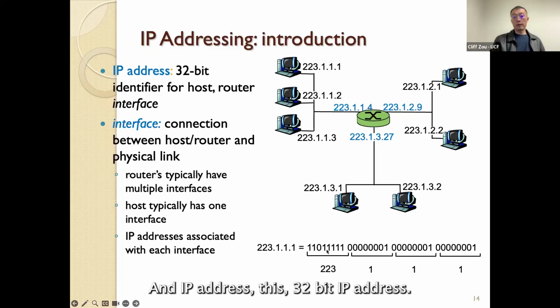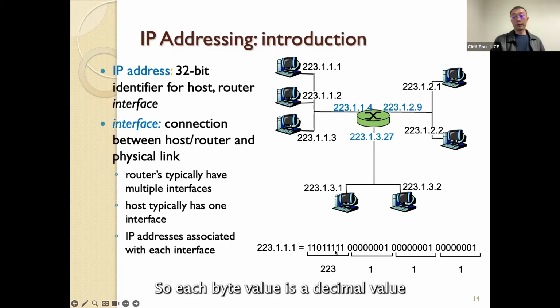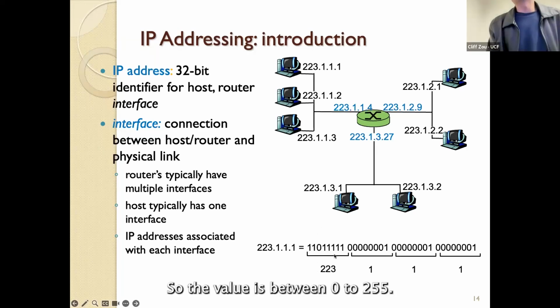An IP address is 32 bits, and usually we write it as 4 byte values. Each byte value is a decimal value between 0 and 255, because each byte is 8 bits.